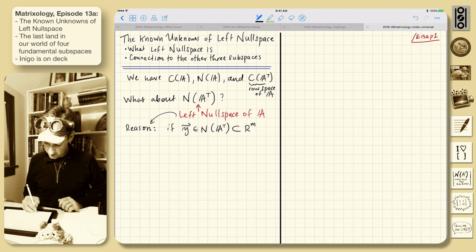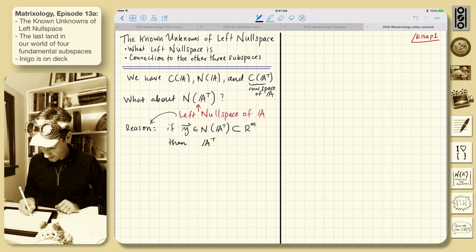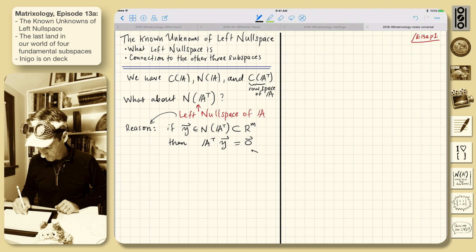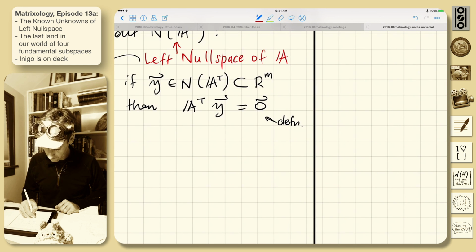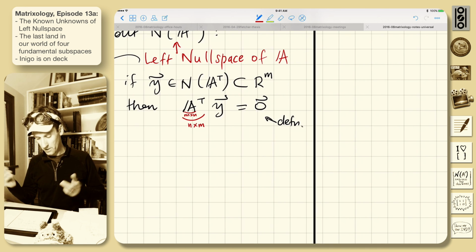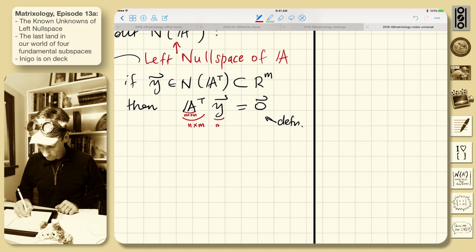Okay, so if this is true, then this is the definition: A transpose y = 0. Definition, right? And let's look at these pieces exactly. If A is m by n, then A transpose is n by m, and y is an m by 1, so these things match.